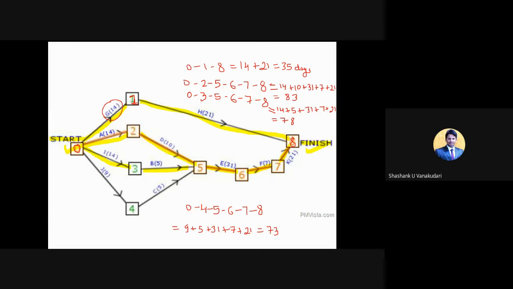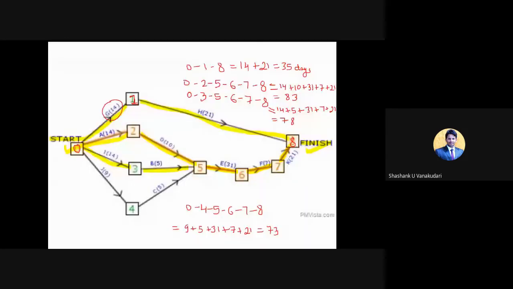Now, you can see here, it is just one example. Like this, you will have different network diagrams, and you need to calculate the critical path here, the critical time. Clear? Now you can see the first path is going to take 35 days, and the second path is going to take 83 days, the third path 78 days, and the fourth path is taking 73 days.